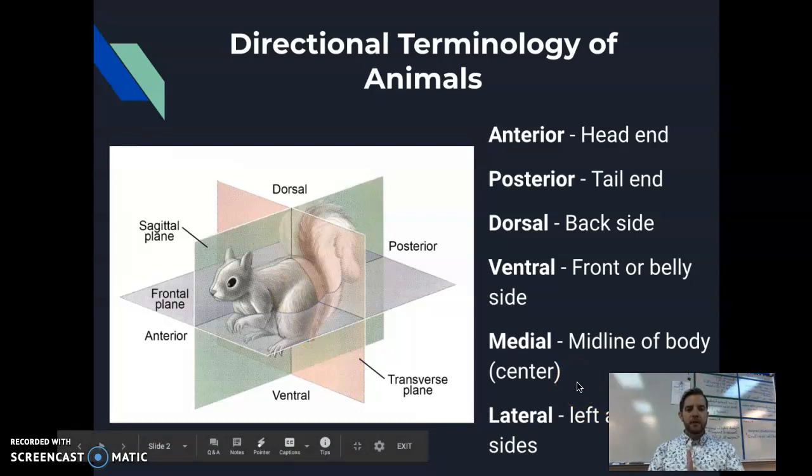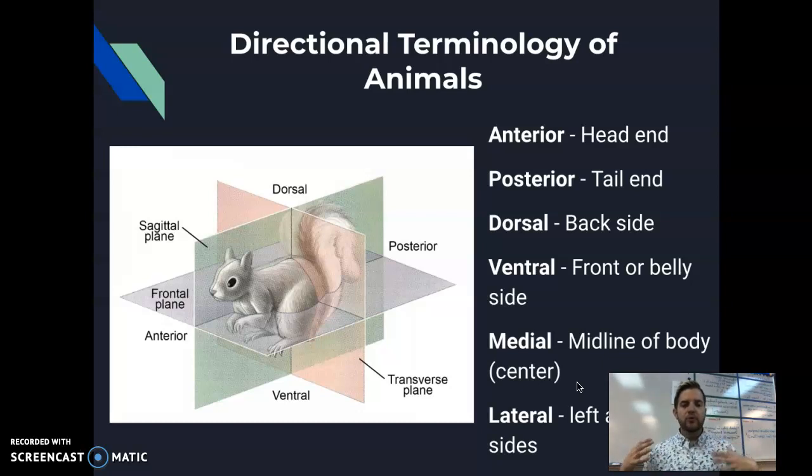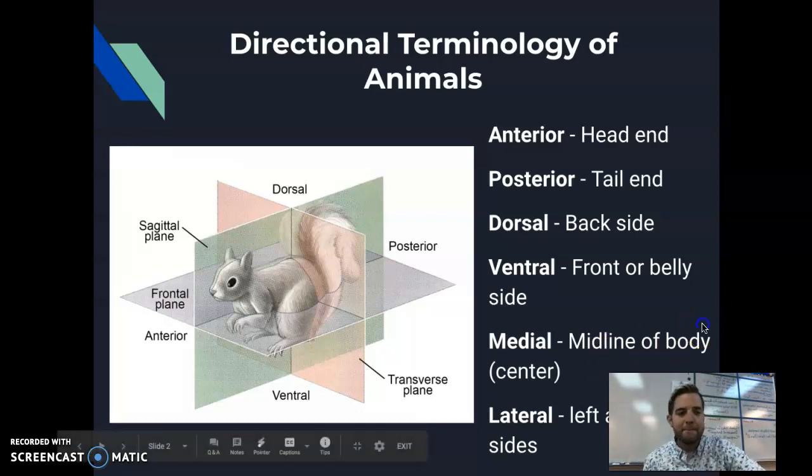So for us, medial would be anything kind of really close to the center of our body, found in the center. And lateral means the left or right side. So if you're talking about some sort of lateral part of a body, you're referring to things that are kind of on the left and right edges. And so dorsal would be back, ventral front, lateral on the edges, medial down the middle, anterior is the head end, posterior is the tail end, which for us is the bottom end of our body.